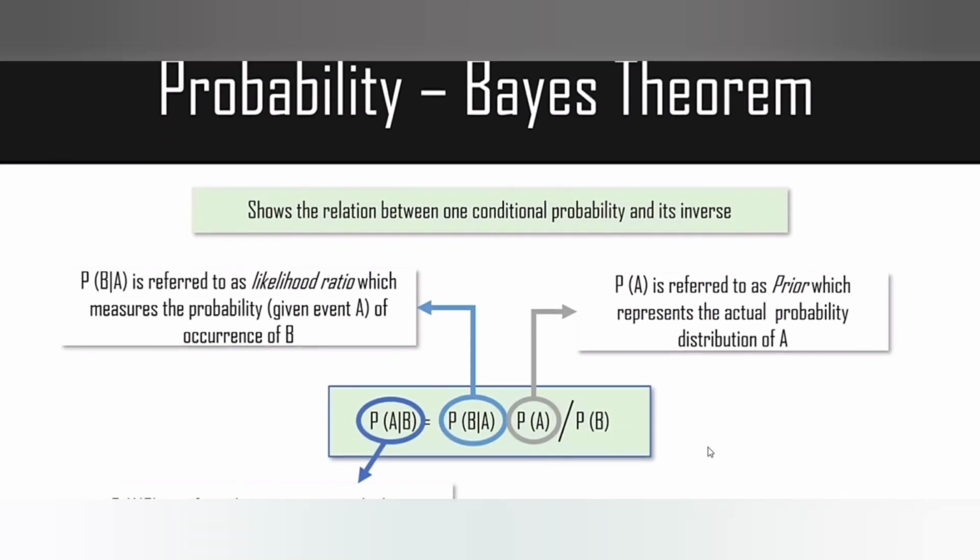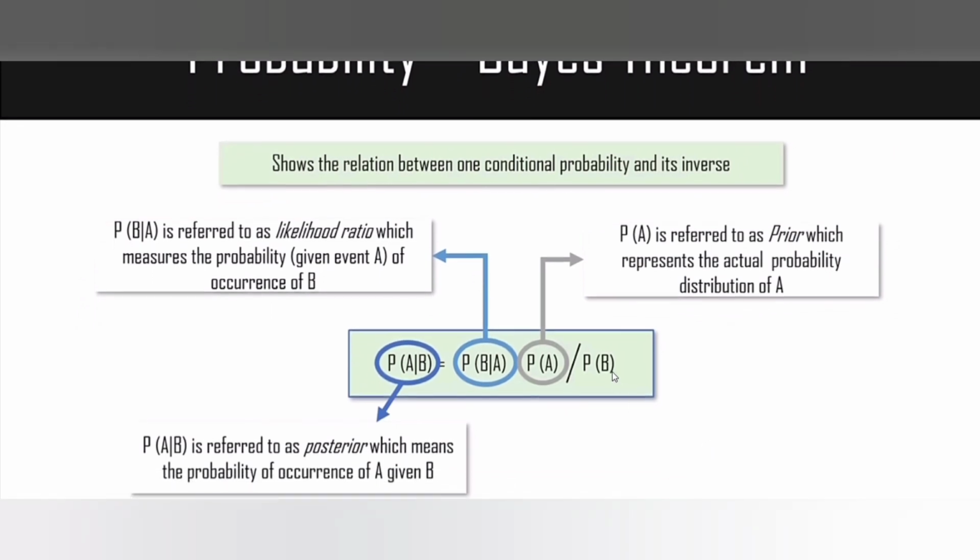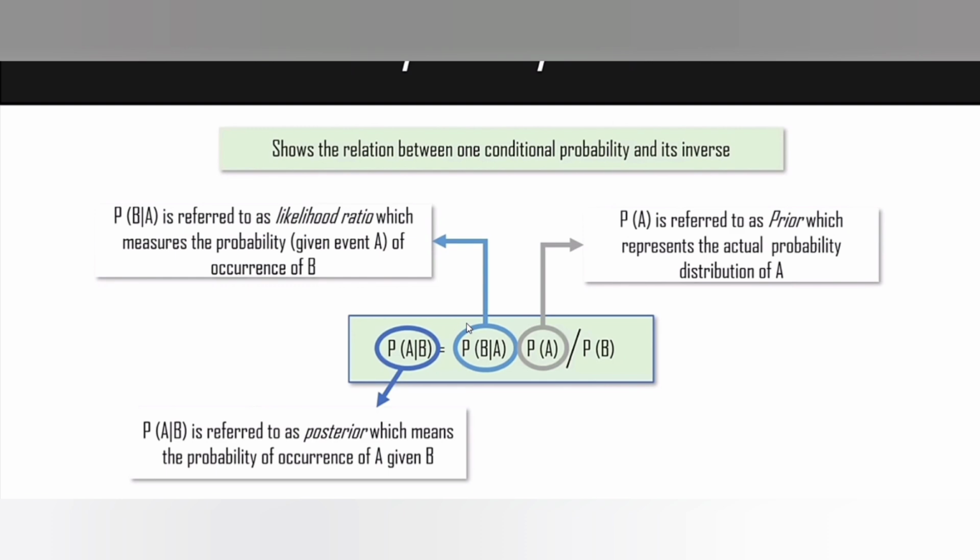And in probability, Bayes theorem is very important. Bayes theorem is nothing but the conditional probability you did, but something different in that.